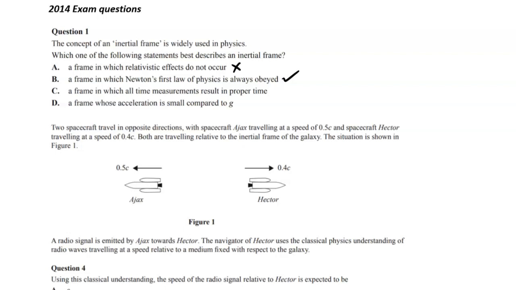C, a frame in which all time measurements result in proper time. Well, that's not true. Proper time we're going to be exploring in more depth a little later on. Proper time is something that, if we're looking at an event, the proper time of that event is the time measured in a reference frame that's stationary with respect to that event.